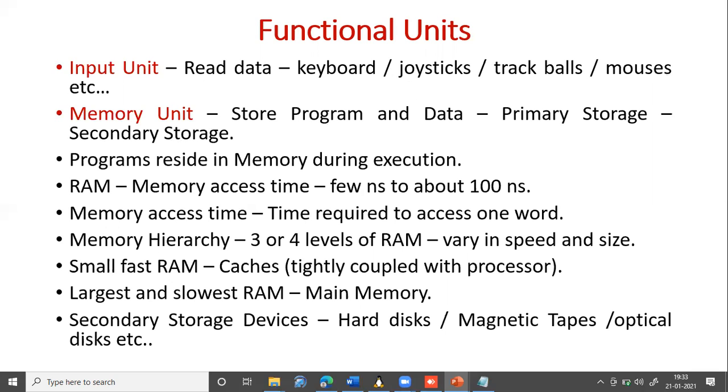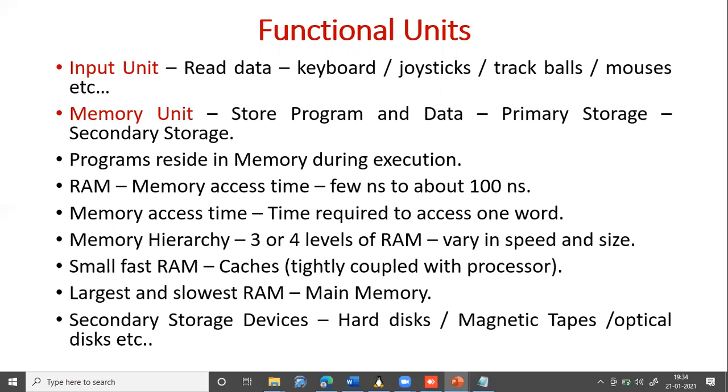The memory unit is used to store the program and the data. And we have two types of storage: one is the primary storage, the other is the secondary storage. Generally, memory refers to main memory, that is RAM. The primary storage is volatile memory, that is, its content will be retained only as long as the power is available.